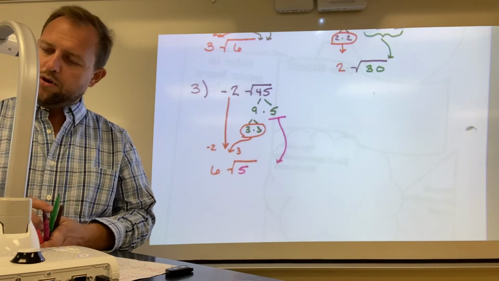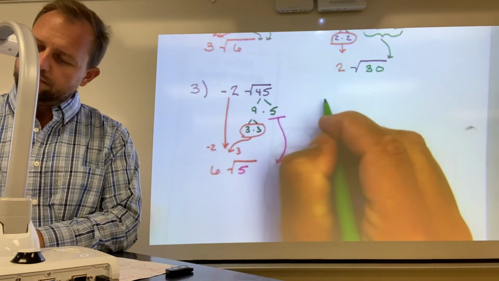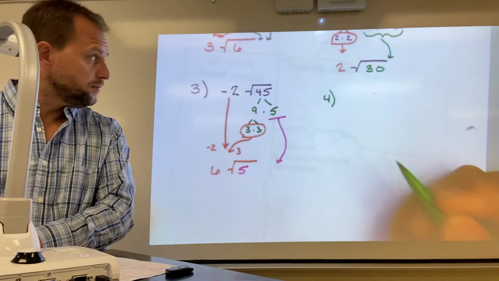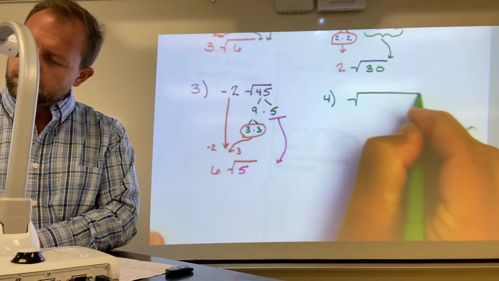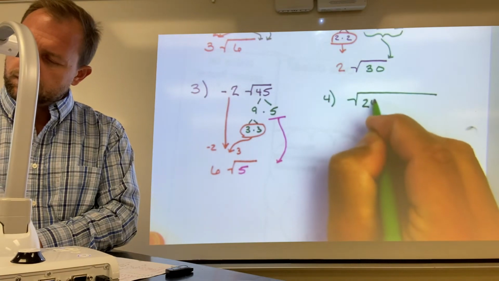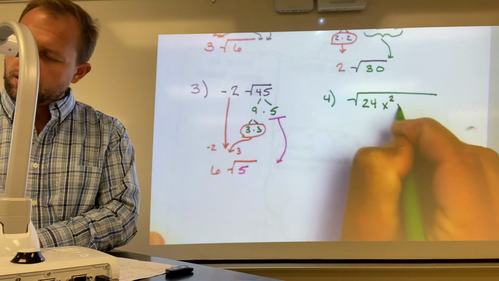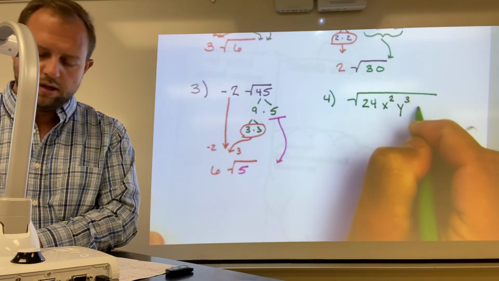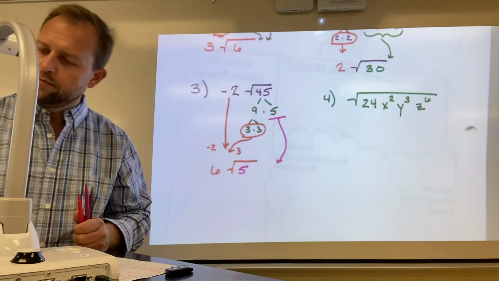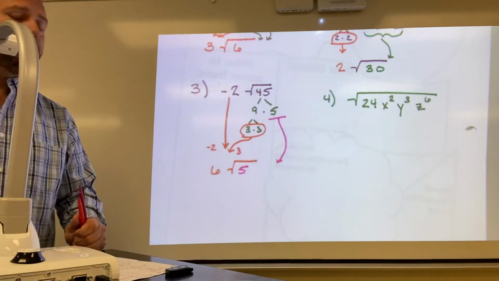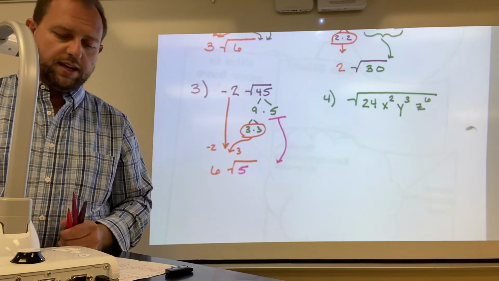We had some problems that had multiple pieces. 24 x squared, y cubed, z to the 6th. Okay? We do the same thing we did before, we just take it in parts.